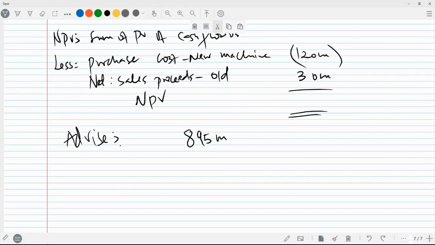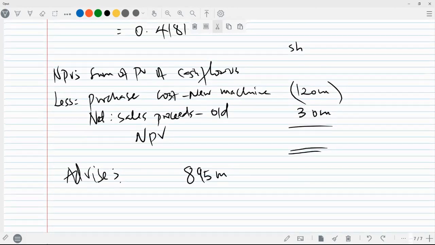Someone to confirm? That is the total cash flows, 895. So this is 895 million.